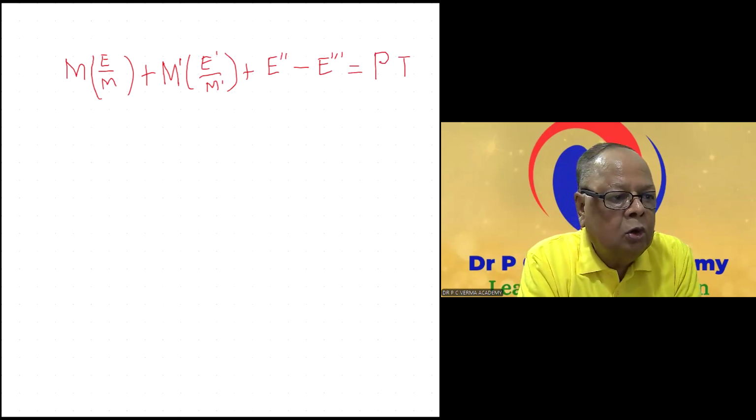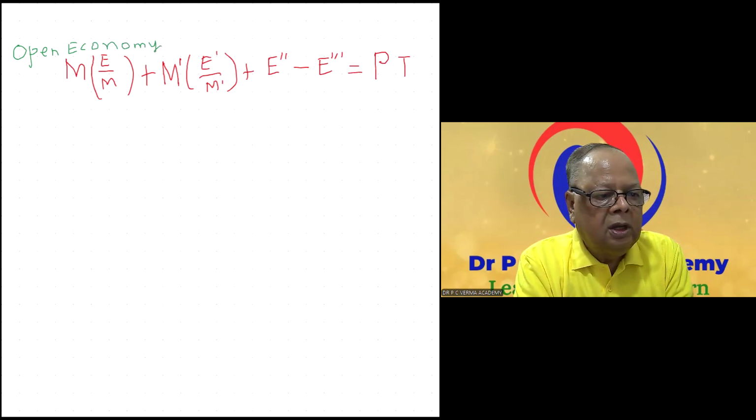This is the open economy. E double dash is export, and E triple dash is import.